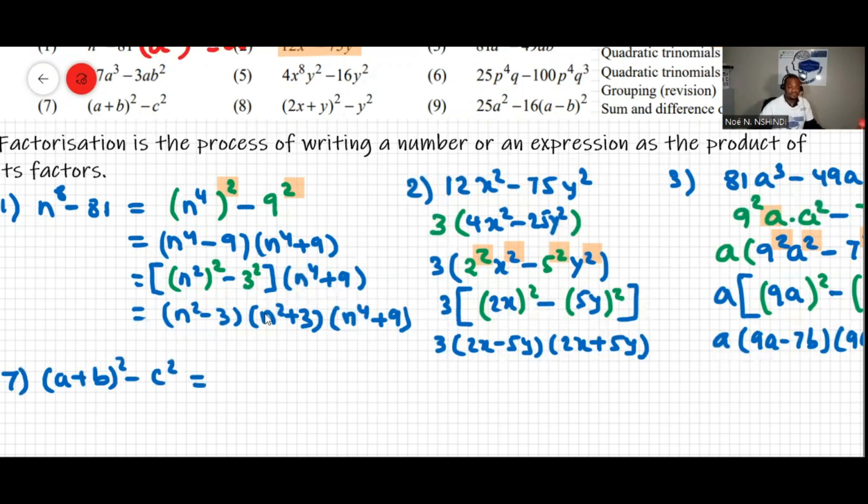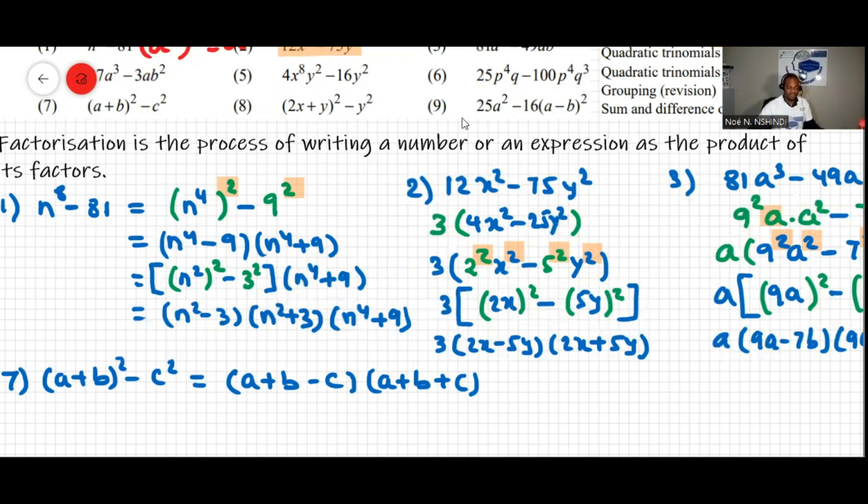These are already a difference of 2 squares. a plus b to the power of 2 minus c to the power of 2. So this will be just a plus b minus c, like that, and then a plus b plus c, done.